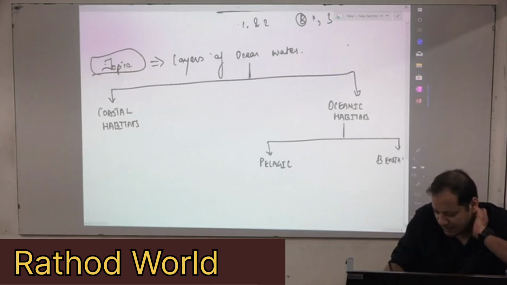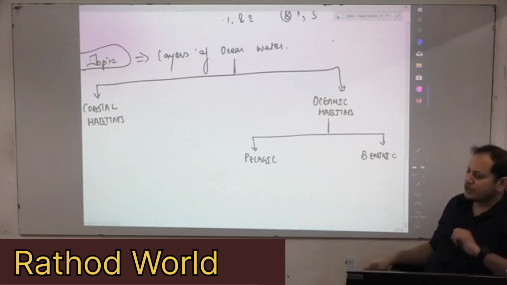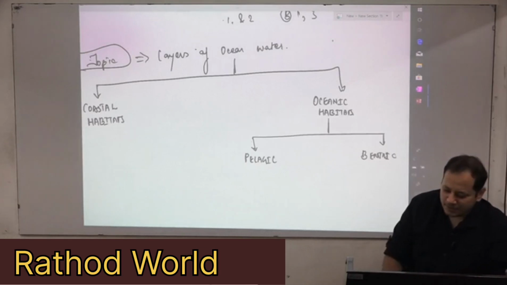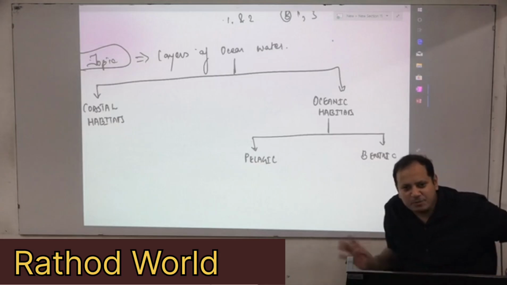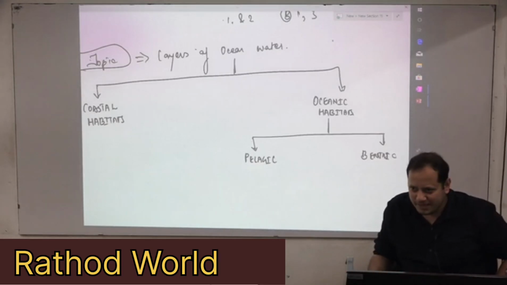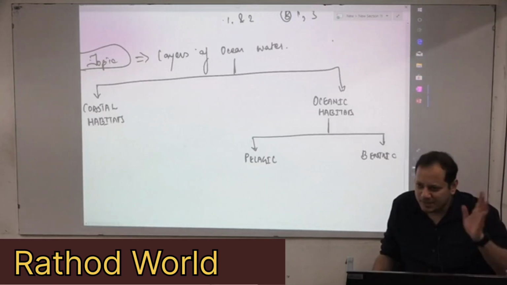Yesterday I told you what is benthic, the deepest part, the floor of the ocean. And what is pelagic, the region above it. In past year questions, what have they asked? They have asked only pelagic, they have not gone to the benthic, and they will not ask benthic either, because we don't know what is present in the benthic zones.